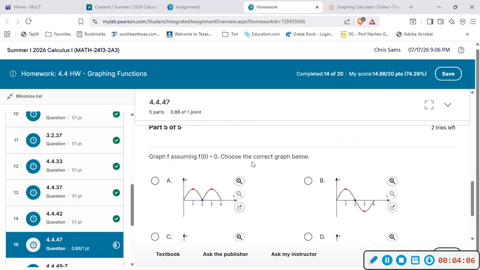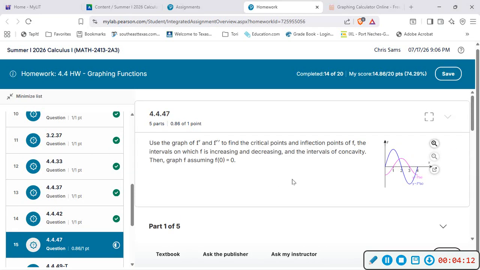All right, and then we're going to graph it assuming we start at 0. So when we're at 0, we're equal to 0. So we are looking for a graph that is going to be decreasing and then increasing and then decreasing. When it's decreasing, it's going to be concave up, and then it's going to be increasing through that interval, and then it's going to go to concave down, and it'll start decreasing.